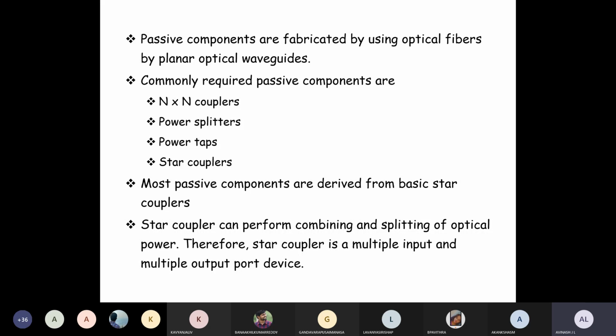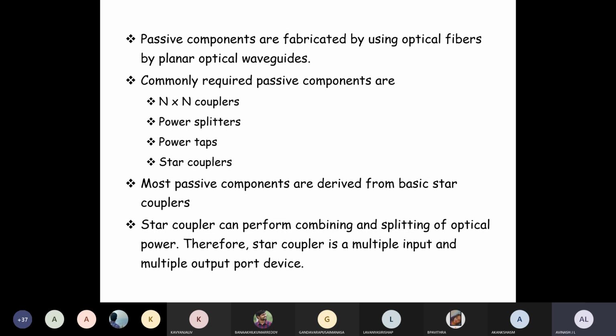When we open the tap, water will flow. Similarly, a power tap is a process where the power which is flowing will be stopped at one particular point, and if we require that power, we will release it. That is called a power tap. And next is what?